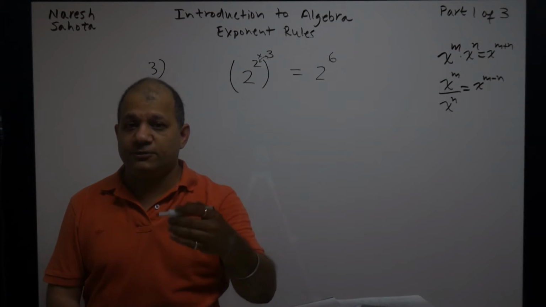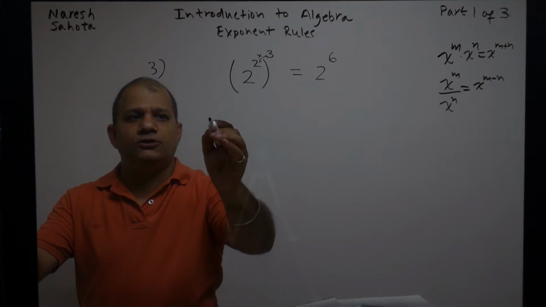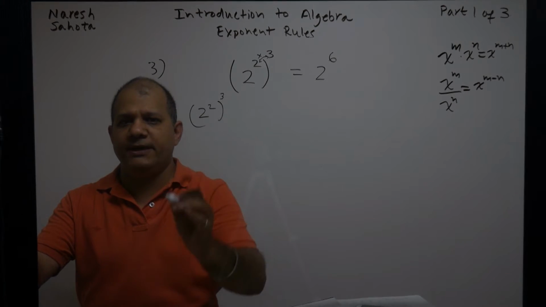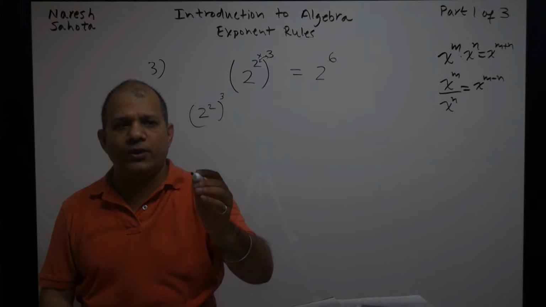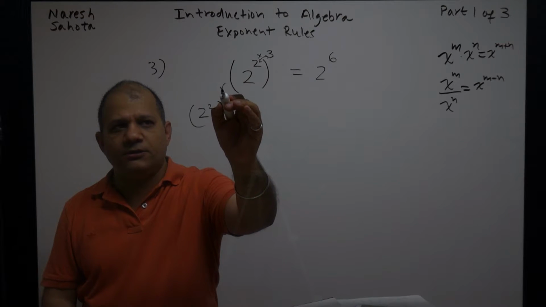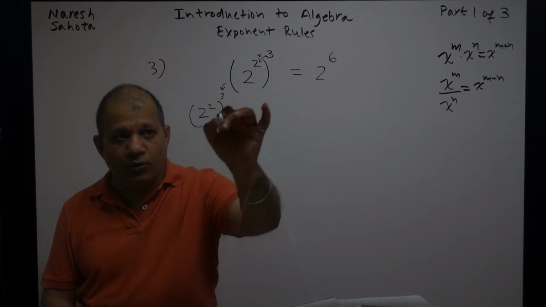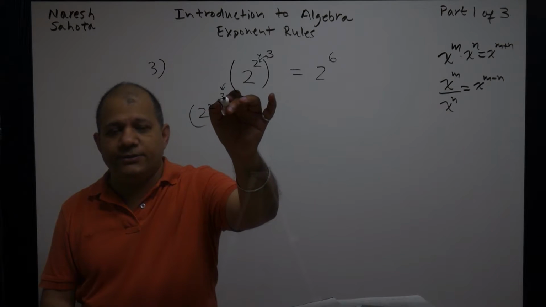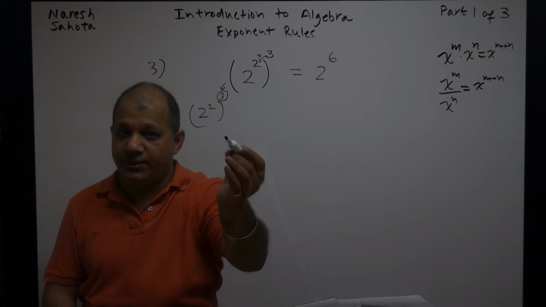So now let's prove to ourselves. So what does 2 to the 2 raised to the exponent 3 mean? So we will start with the brackets, right? So here we're going to deal with what's inside the bracket. So here's the bracket, and then there is the exponent. So this exponent means multiply the bracket 3 times.